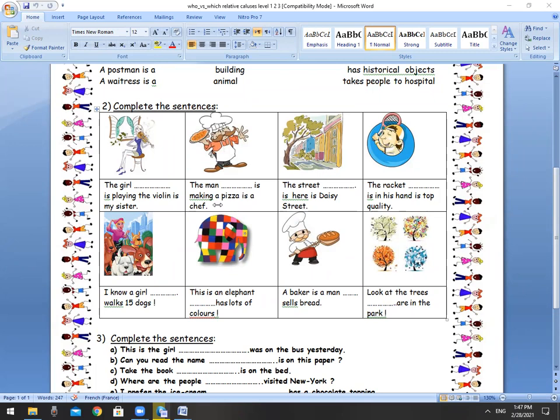Who, which, or that, the same. This is an elephant that or which has lots of colors. It's an animal, so which.